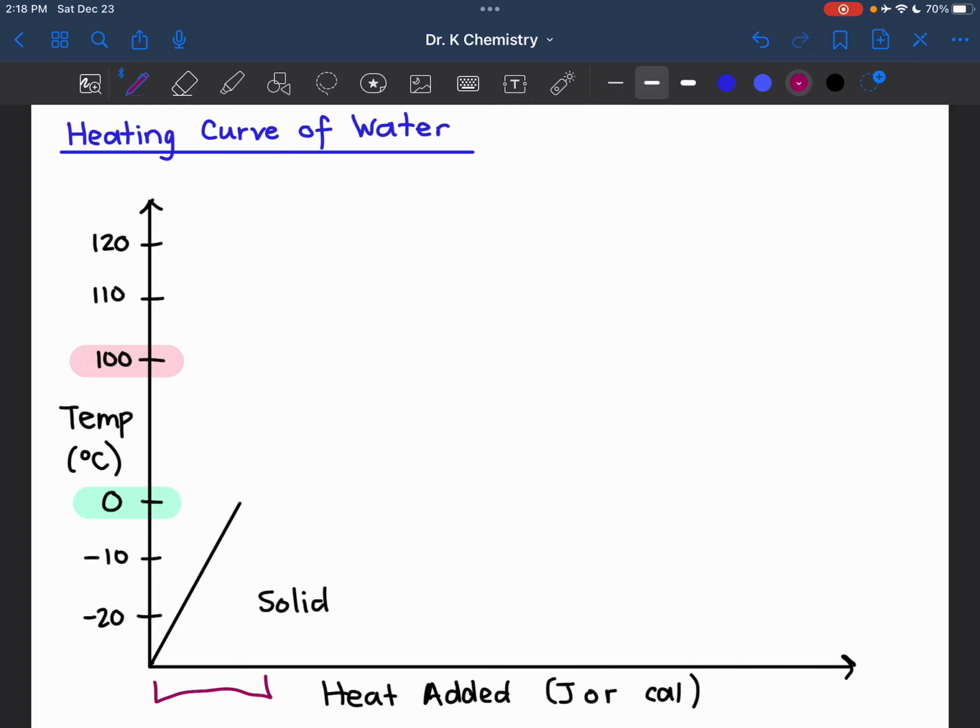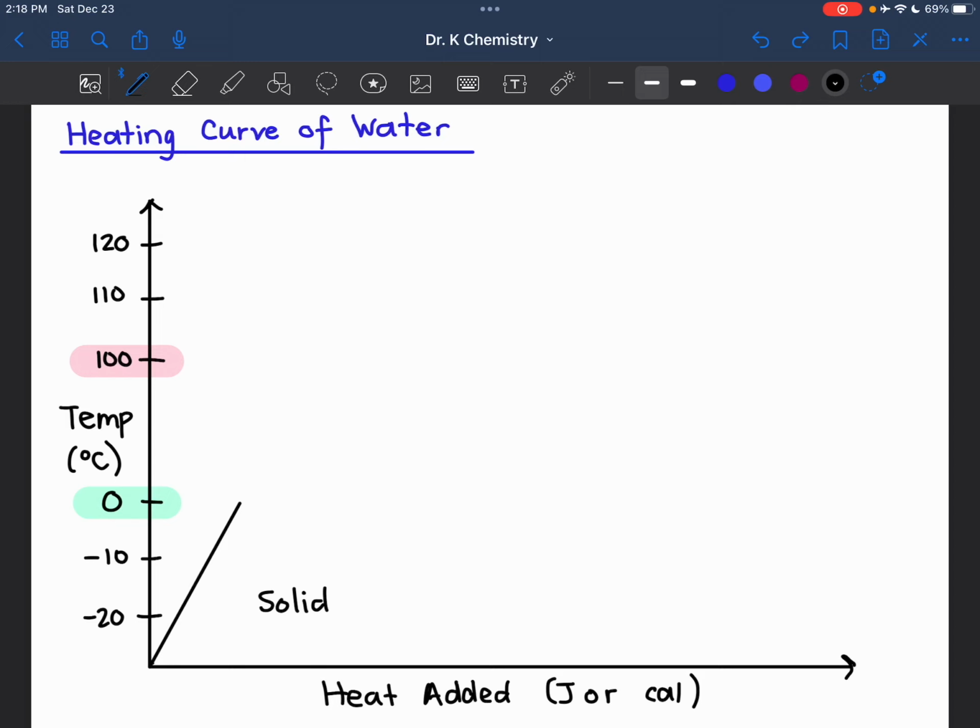So as I am adding heat, on the x-axis, the heat is being added, and as we go left to right, the heat is higher and higher, which can be expressed in joules or calories. And on the y-axis, I'm tracking temperature in degrees Celsius. So as I'm adding heat to the right, notice that the temperature is increasing. So we're going from below -20 all the way to 0.